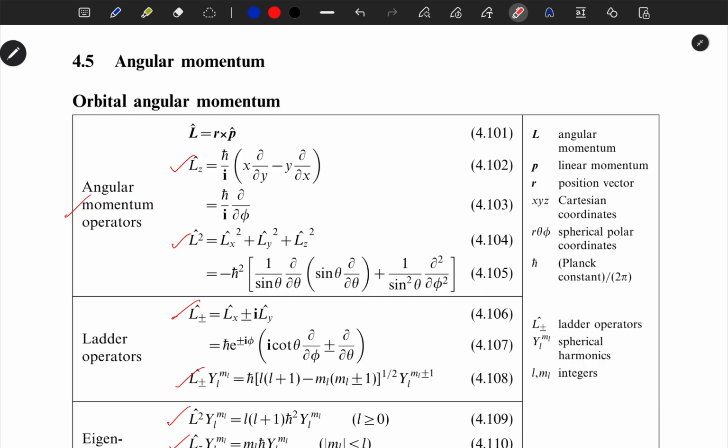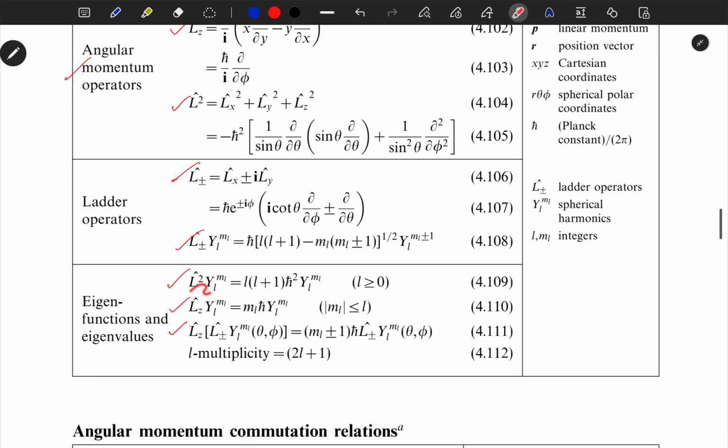Whenever a ladder operator operates on a spherical harmonic, it will give ħ times the square root of L times (L plus 1) minus m_L times (m_L plus or minus 1), times the state with m_L plus or minus 1. This is the orbital contribution, and this is the magnetic quantum number contribution.